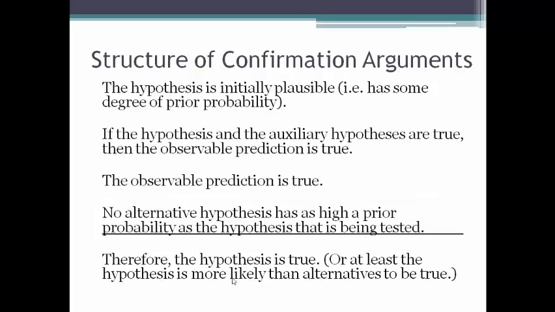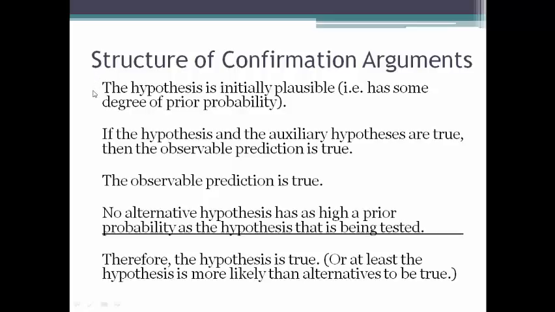Okay, so now that we've talked about auxiliary hypotheses and alternative hypotheses and prior probabilities, let's look at a more fleshed out version of the form of the hypothetical deductive method. On this more fleshed out, accurate form, the first premise is that the hypothesis is initially plausible. That means it at least has some degree of prior probability.